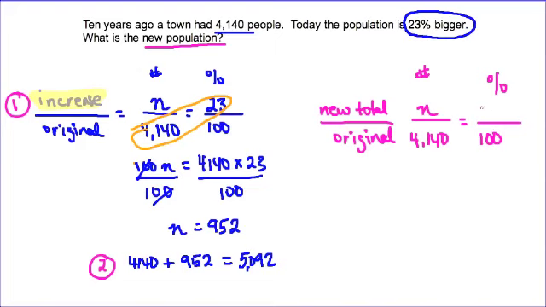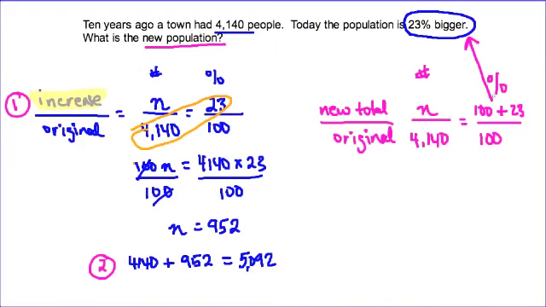The new population is 23% bigger, so it's really going to be 100 plus 23. The reason it's plus 23 is that it's getting 23% bigger, so we're going to add 23% to the original 100%.